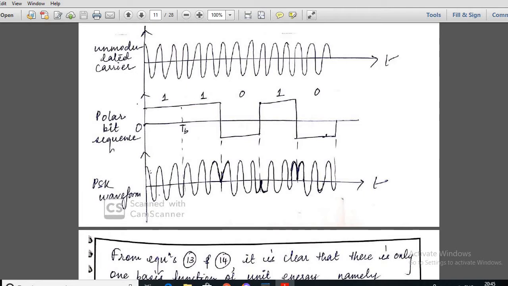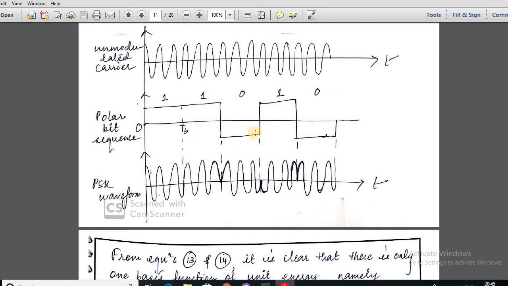So my carrier is analog and the baseband digital data is represented here by a sequence of bits, ones and zeros. So during binary 1, when the input is high, whatever is the carrier, exactly the same carrier is reproduced at the output, in phase with the carrier.